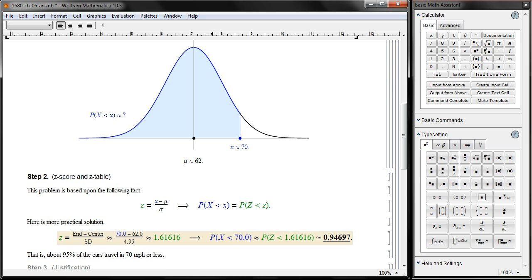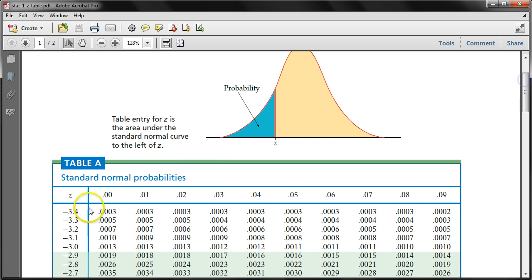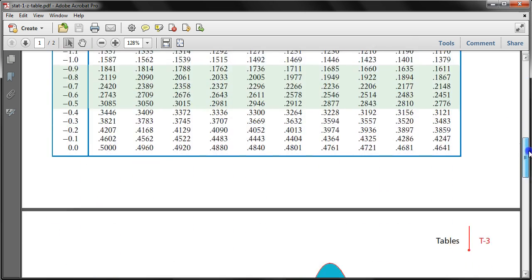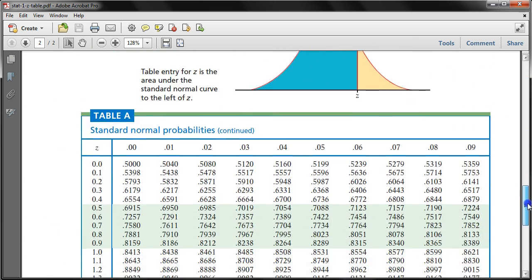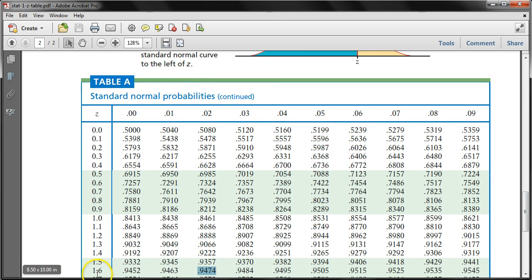Now, how do I utilize my normal table here? 1.62 is what I want, and the values are in the left-hand side column there, and all those are negative. You have to go down to the second page. 1.6, where is 1.6? Here's 1.6.